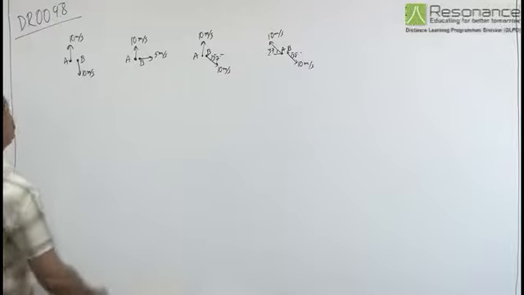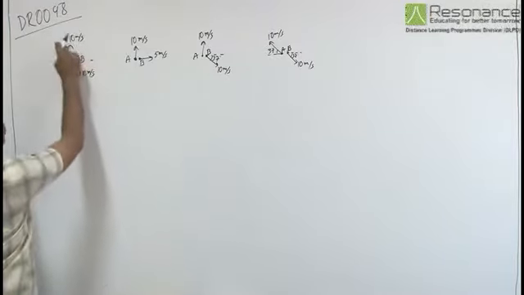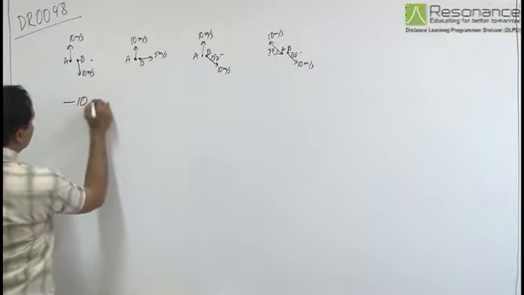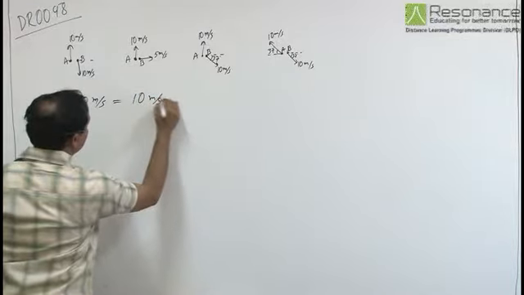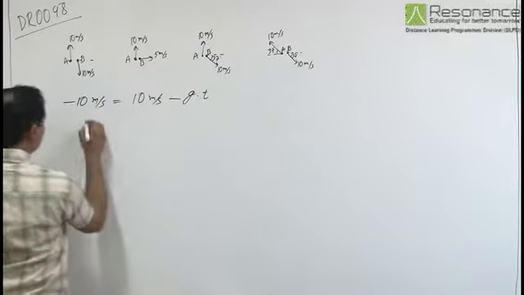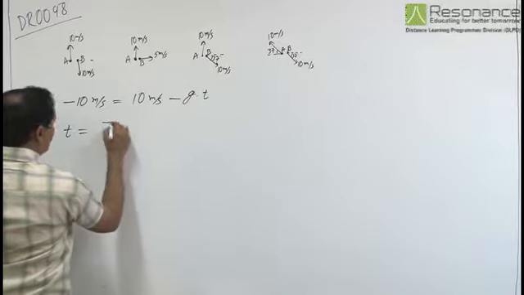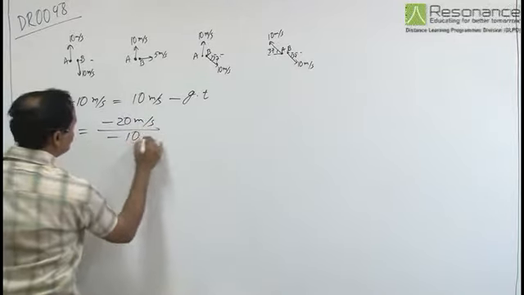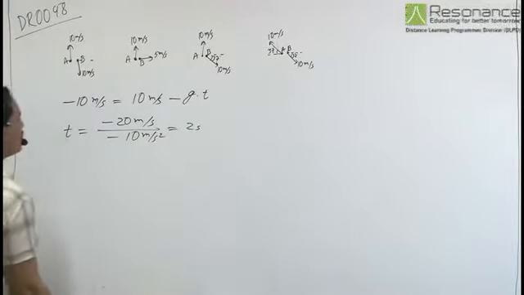So let us find the time of flight to reach the same horizontal level for A. We can write minus 10 meter per second is equal to 10 meter per second minus g into t. So t is equal to minus 20 meter per second by minus 10 meter per second square, that is equal to 2 seconds.